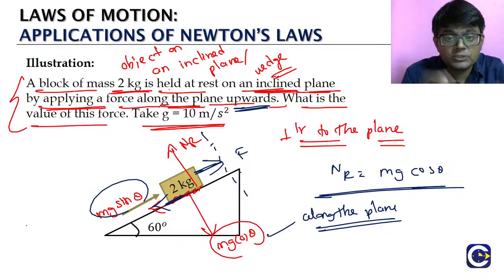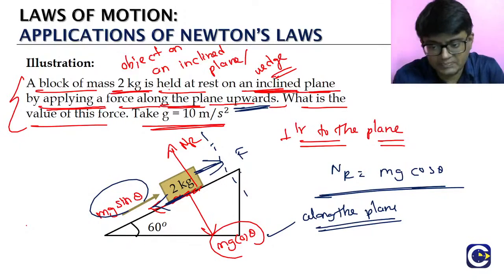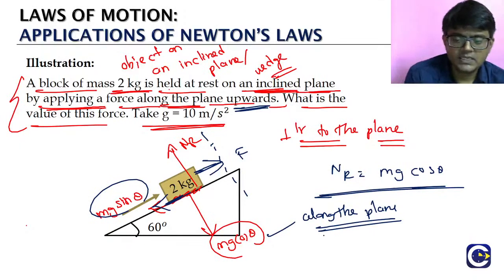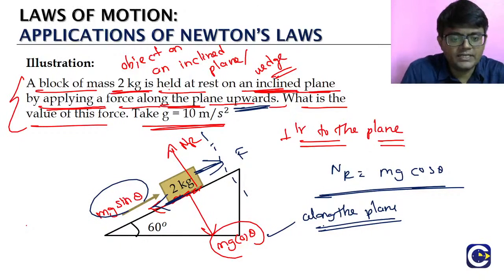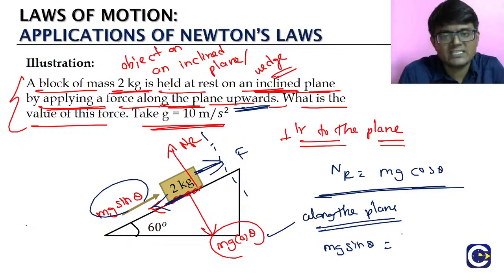We are applying the force such that the 2 kg block is held at rest, which means there should be no motion along the plane. So the component of the weight down the plane, mg sin theta, should be exactly balanced by the applied force, which acts along the plane upwards.